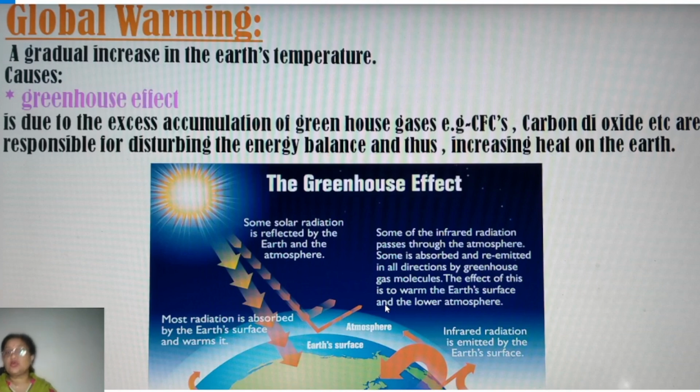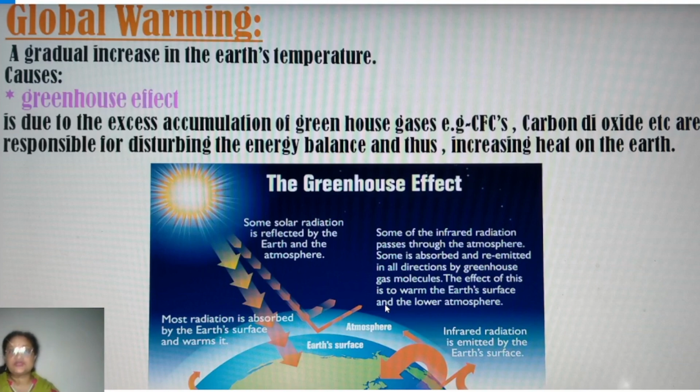Now, what is the role of these greenhouse gases? Again, a similar effect is there. During daytime, what happens, children? Along with solar radiation, the heat comes to the earth's surface, and it is not obstructed by these greenhouse gases. But at night time, the earth, which has received the heat during the daytime, gives the heat back to the atmosphere in the form of terrestrial radiation.